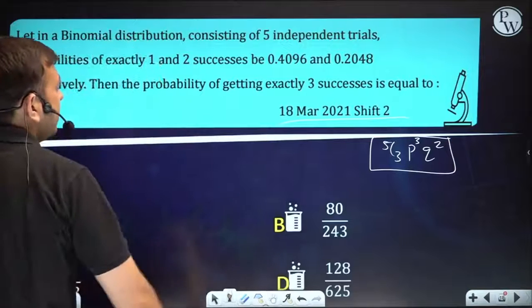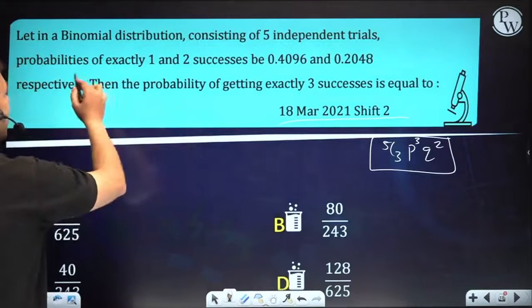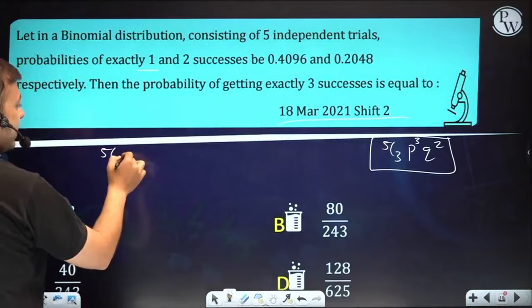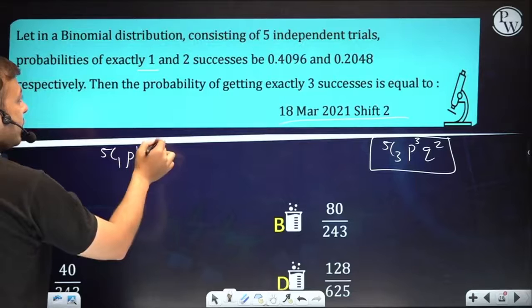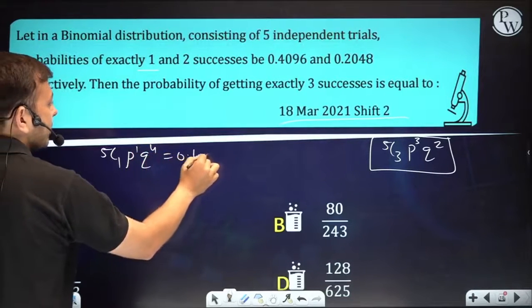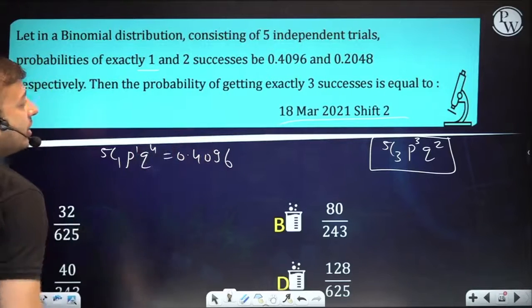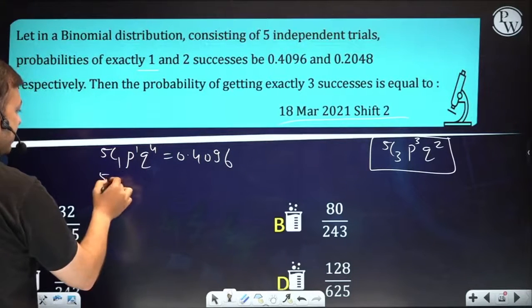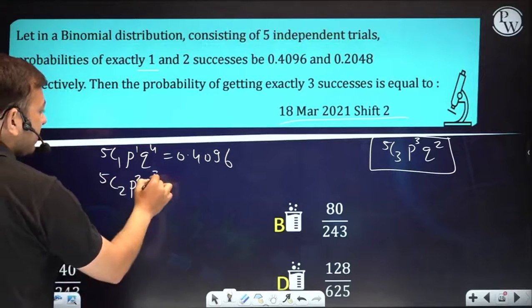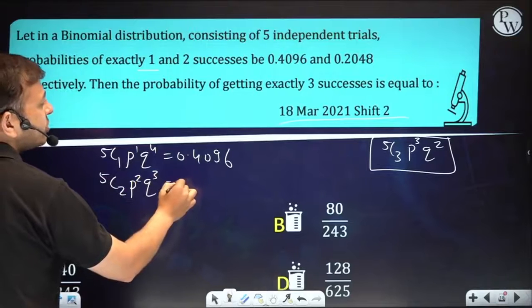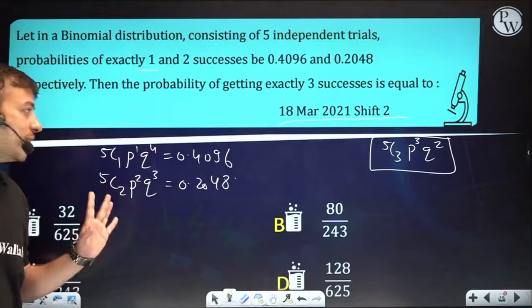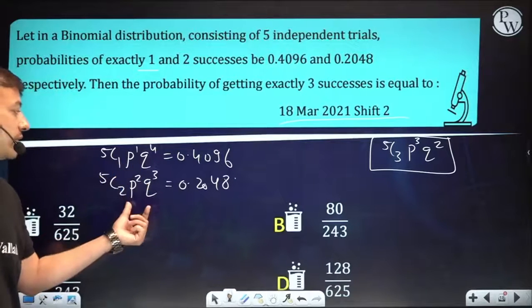Now, what has been given is the probability of exactly 1 success, that is 5C1 p to the power 1 q to the power 4 is equal to 0.4096, and the probability of 2 successes, 5C2 p to the power 2 q to the power 3 is equal to 0.2048. So basically 2 equations, 2 variables, right?